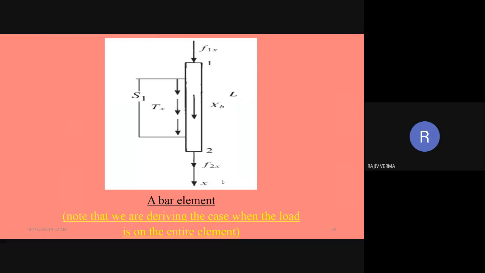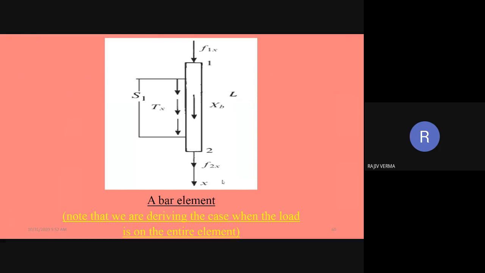This gives us a constraint: if there exists a bar and there is a surface load acting only on some particular portion of the bar, then that particular portion of the bar is going to be considered as a single element, or maybe it is going to be broken down into a number of elements.